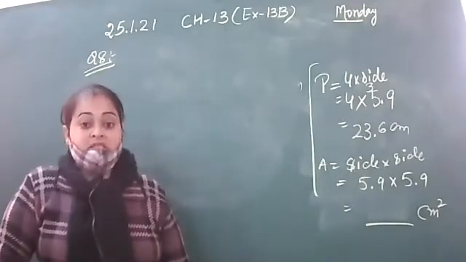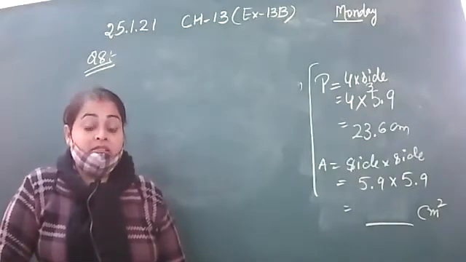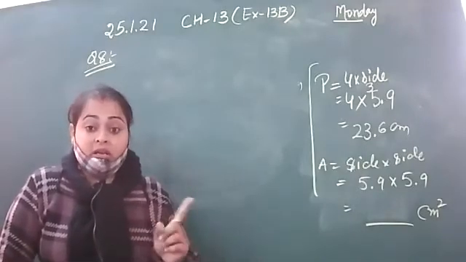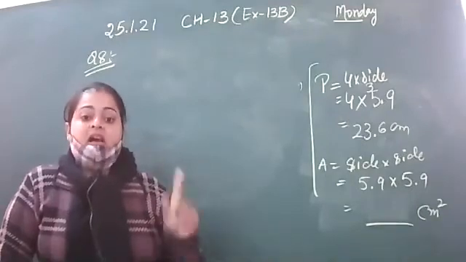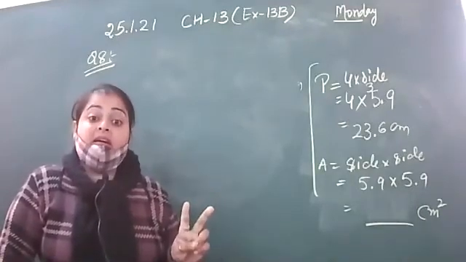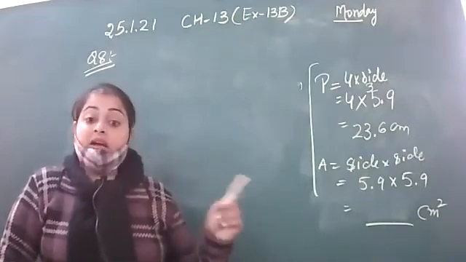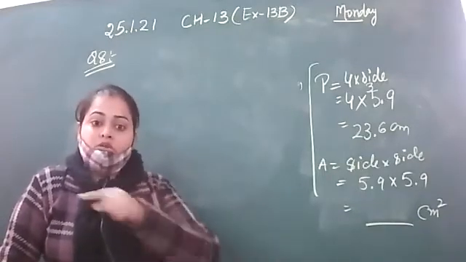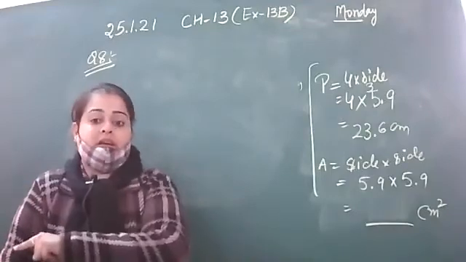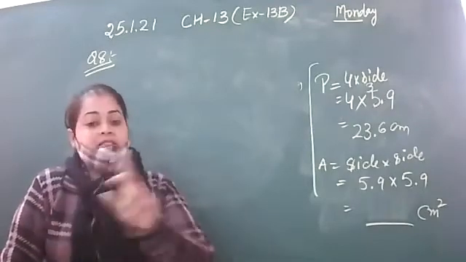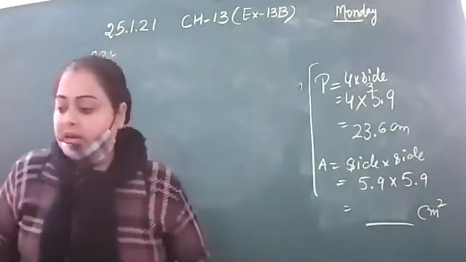Because in a rhombus, we have angles not equal to 90 degree. In square and in rectangle, angles are 90 degree, but in rhombus, angles are not 90 degree. So you will use the given angle. Side is given to you 5 centimeter.